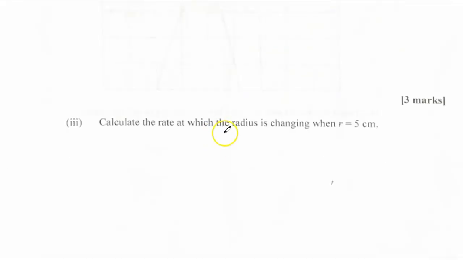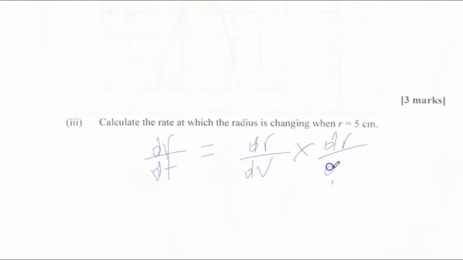And calculate the rate at which the radius is changing when r is 5. So the rate at which the radius is changing is dr by dt, which is dr by dV times dV by dt. These dV must be the same.